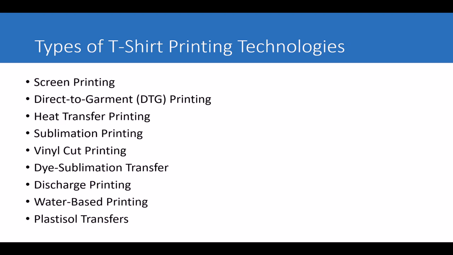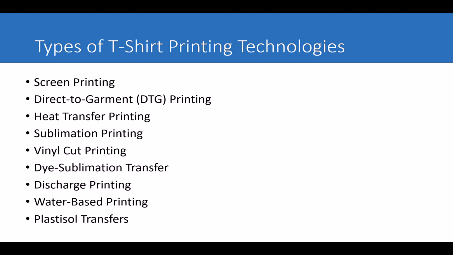All of them are good, but some are good for a particular type of design or t-shirt print. Some are best for printing small volumes, some are better for printing larger volumes. So let's move.